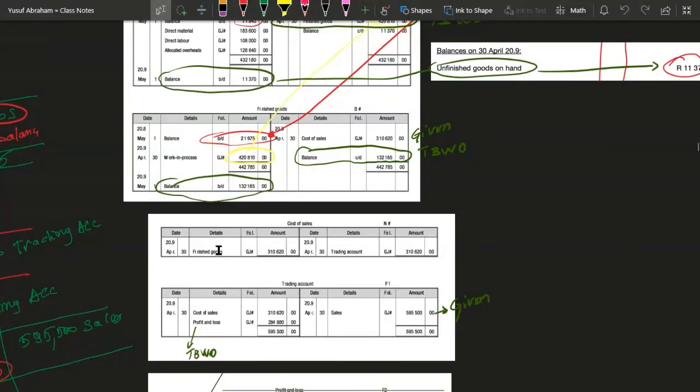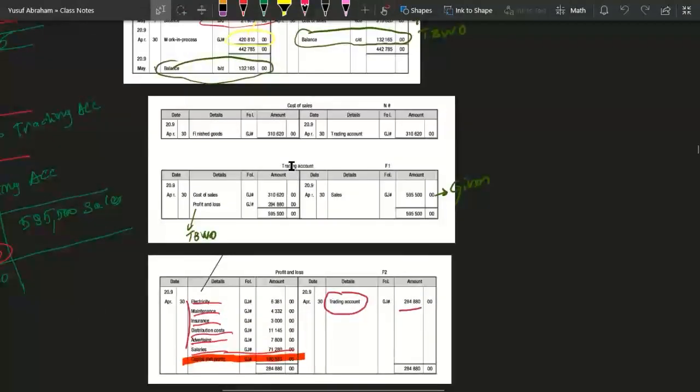Pay close attention here. The products that were involved in the trading account are just this amount here. 310,000 were involved in the actual trading. And after that, we have a trading account. Obviously, the trading account will have the cost of sales on one side, and on your right side, how much sales did we get?